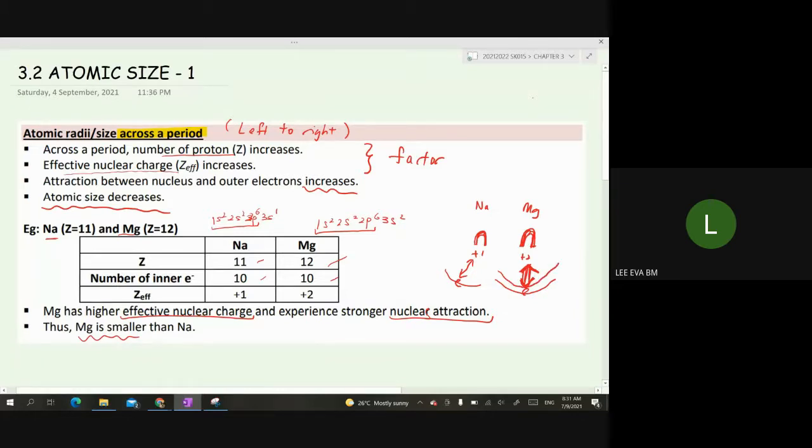Dia akan tarik dia masuk sampai dekat dengan nucleus. So imagine kalau dia tarik masuk, jadi dia punya size akan mengecut. Dia akan jadi kecil. So in this case, you need to remember the relationship between the effective nuclear charge and the nucleus attraction. Cuba imagine lah, dia kena tarik masuk. That is the attraction. Is that okay for you?